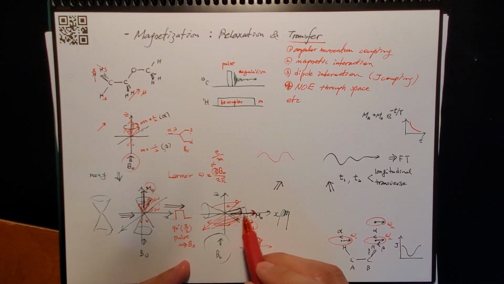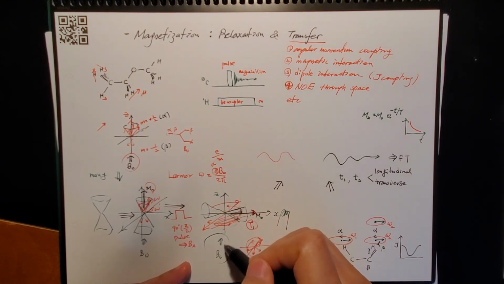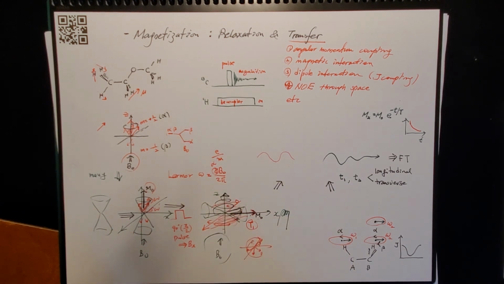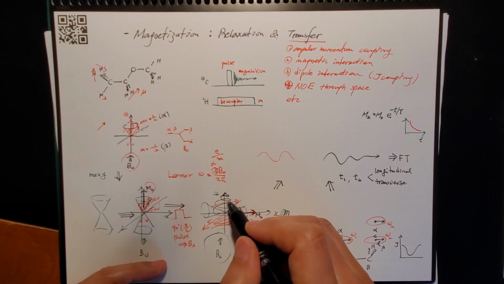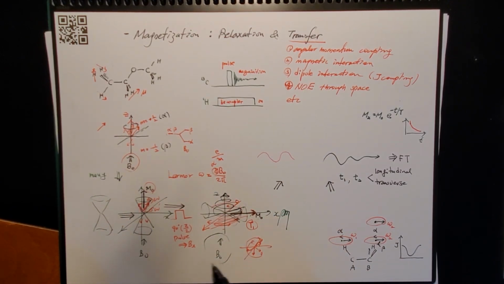Then you can imagine they actually go along the z-axis. They are going like this, and eventually will go back to where they were, because that was more stable, forced by the external magnetic field.